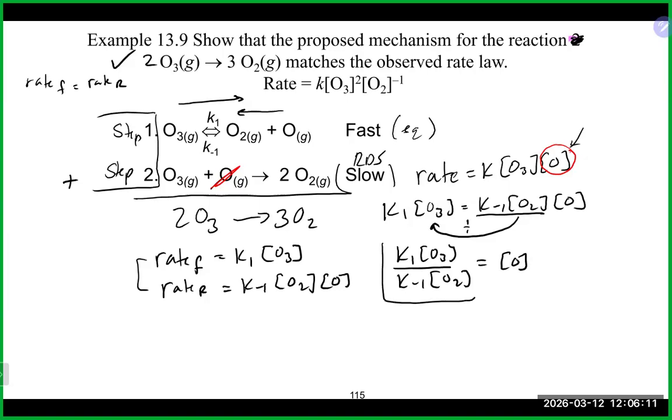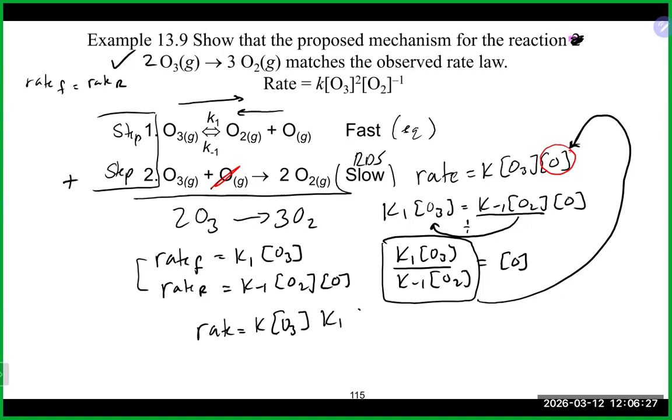Now we have something that we can substitute in, and if we do that, we will end up with the rate. I'm going to write everything in here: k, we've got k1, O3 up on top, and k to the minus 1 and O2 on the bottom. Doing some cleanup, those guys will go away.